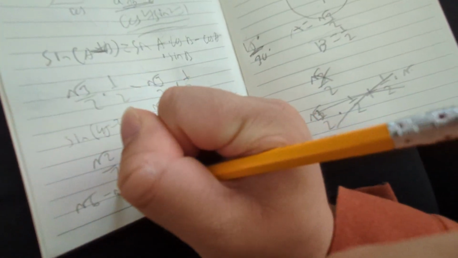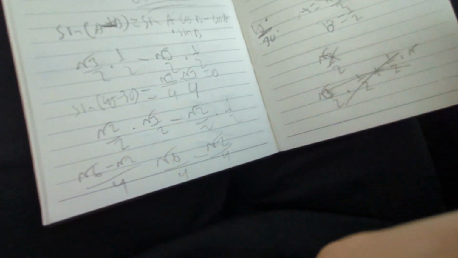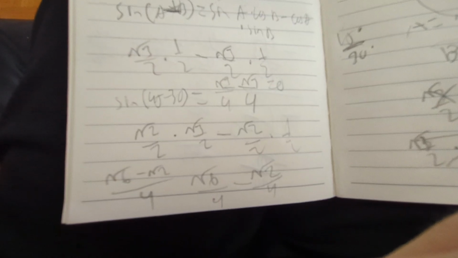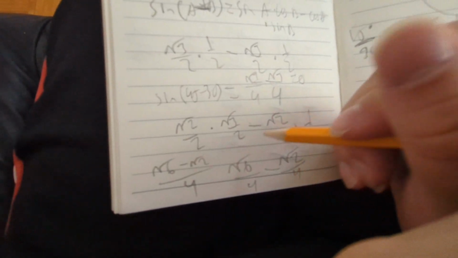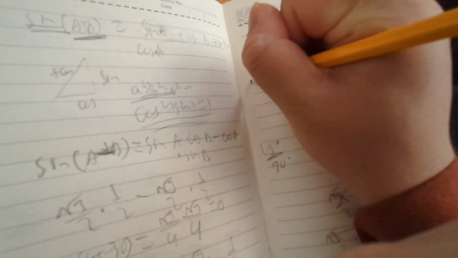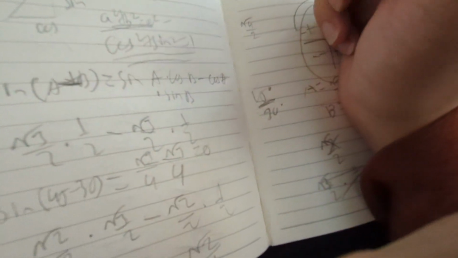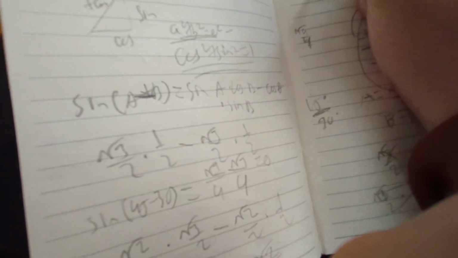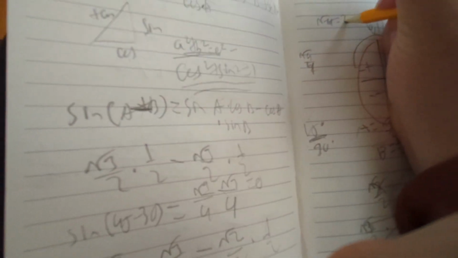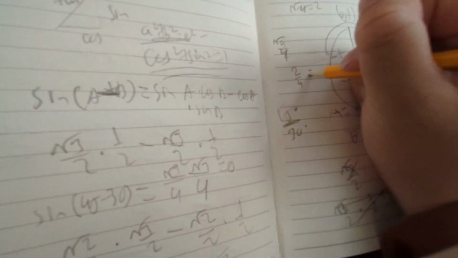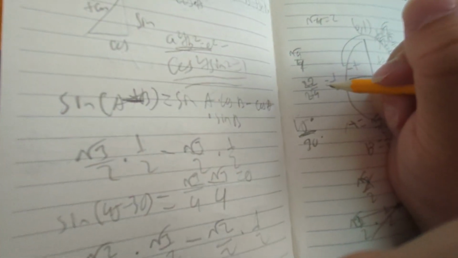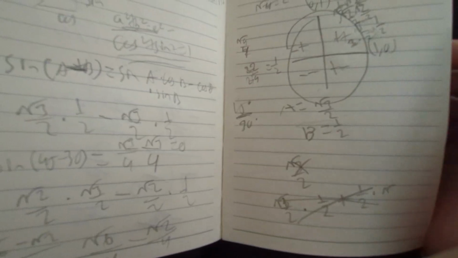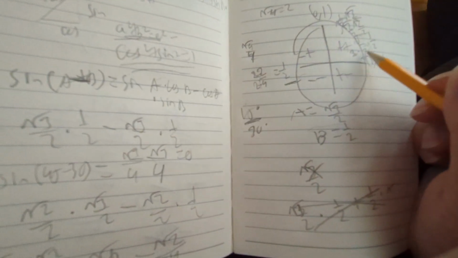Square root of 6 minus square root of 2 equals 4, right? Which is just square root of 4 over 2, I mean 4, right? And square root of 4 is equal to 2, and 2 over 4 was just 1/2. And that's how I derive this one from this one.